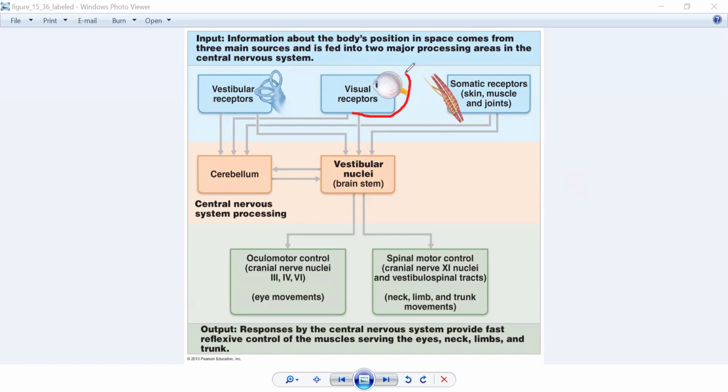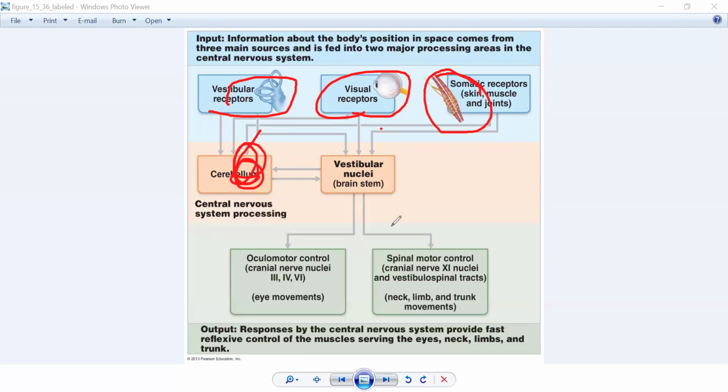So it's getting information visually, it's getting information balance wise, and it's getting information from receptors in your muscles as you're using your muscles in movement. So you send all this information to the cerebellum, and through the cerebellum, you can execute smooth movements from point A to point B. And the key words in chapter 12, the job of your cerebellum is responsible for smooth, coordinated skeletal muscle movements.